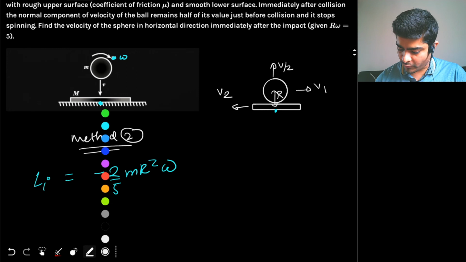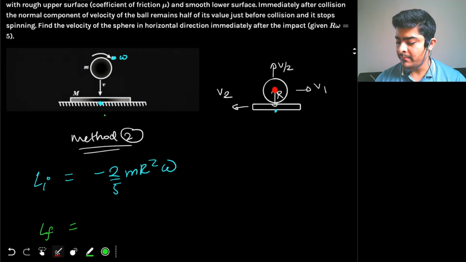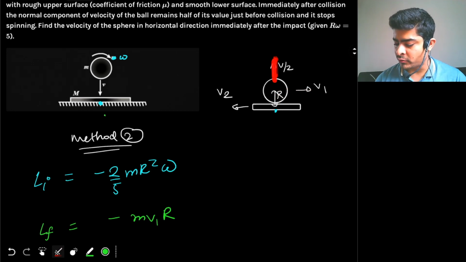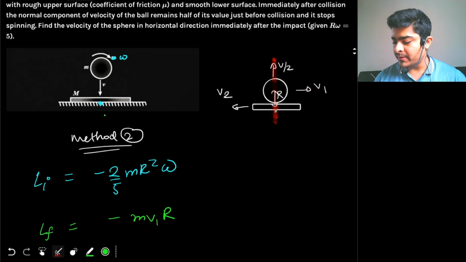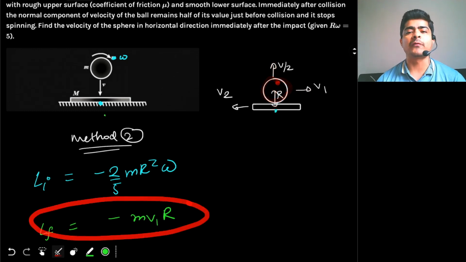So Lf will be the mass m times the velocity of the center of mass v1 times r, so minus m v1 r. And because of v by 2, there will be no angular momentum because v by 2 is passing through the reference point, right? And the sphere has no omega. So this is the only angular momentum we have for the sphere.